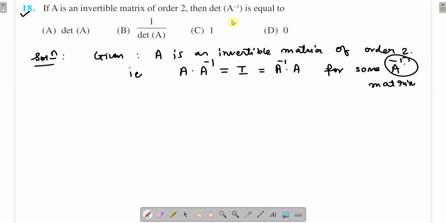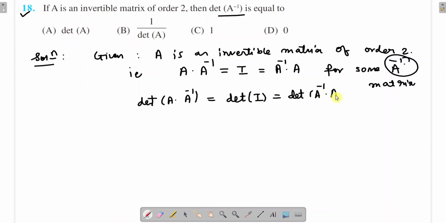Now from here we have to calculate determinant of A inverse, right? So we will take the determinant of this equation. Determinant of A times A inverse will be equal to determinant of I, which will be equal to determinant of A inverse times A. So this will imply determinant of A times A inverse is determinant of A times determinant of A inverse.